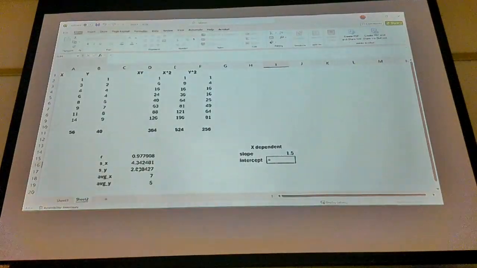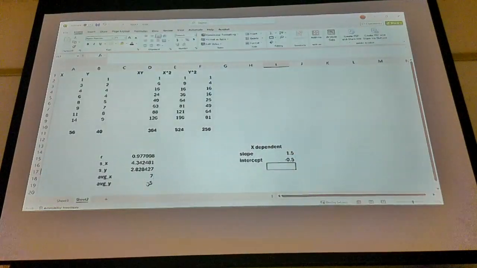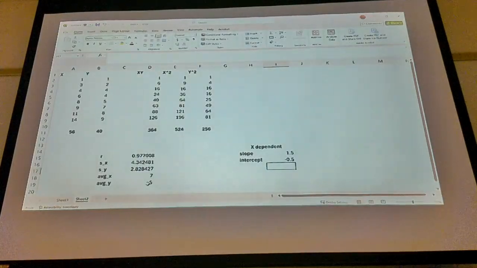It's average of the dependent, in this case X, minus slope times average of the independent. There's your line. 0.5, that's the intercept. So the line would be X hat equals, see, I always write it 1.5X minus 0.5. Well, I'm sorry, not X, it would be Y.